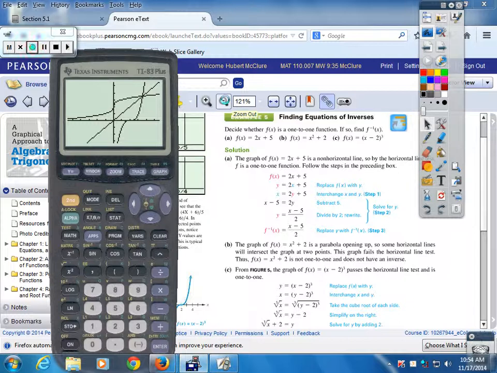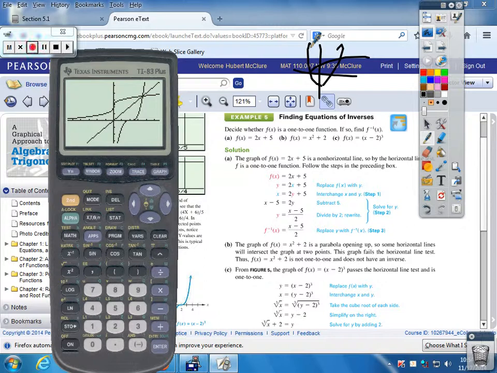You can't see it very much with the problem we did where it was like this, and one was like this, and the other one was like this. And you can't see it very well with the problem that looked like this. But here, you can see what the inverse function actually does.